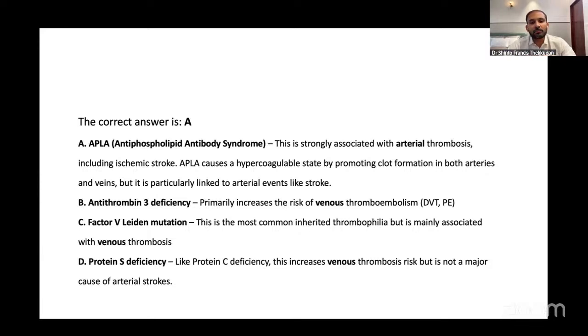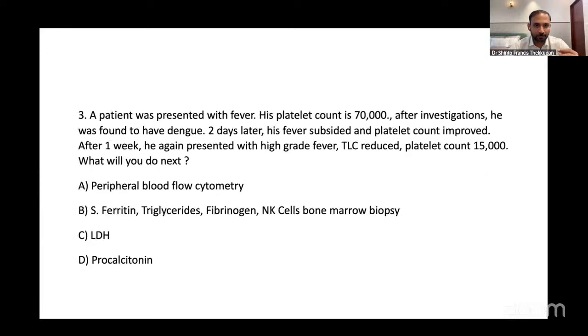The criteria you have to read up, so I'm not going into the details. The other three, antithrombin 3, factor V Leiden and protein C, mainly come into the picture when we evaluate for venous thrombosis, especially DVT and pulmonary embolism. These are inherited thrombophilias, usually associated with venous thrombosis. So for ischemic stroke, the best pick from these options would be APLA.